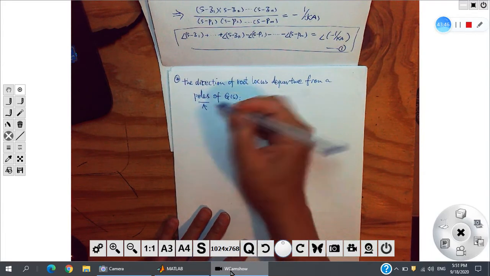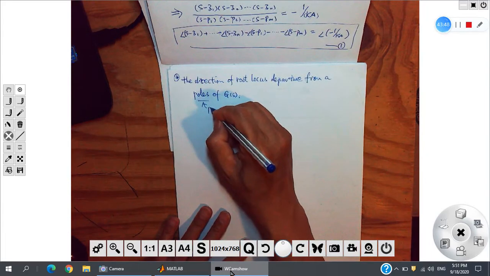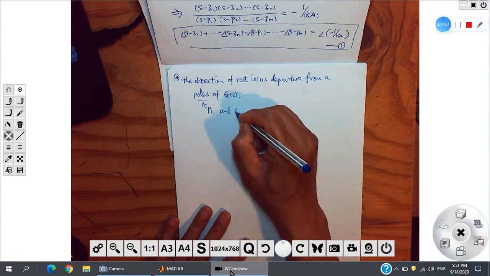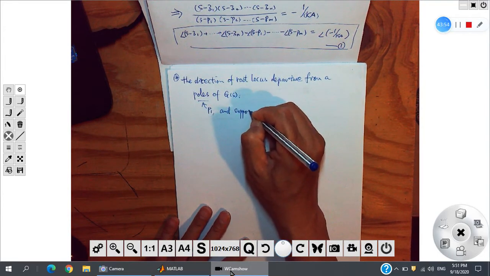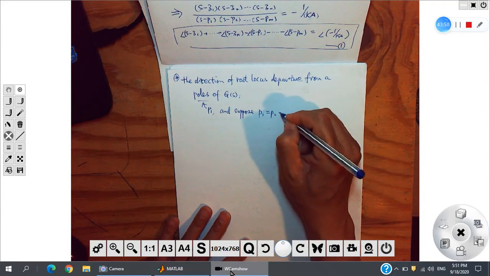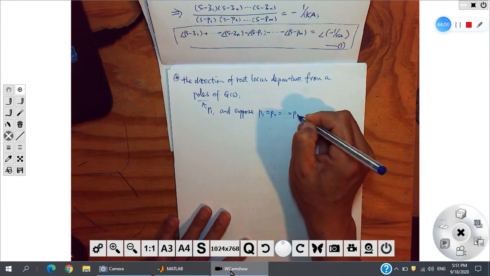Now suppose this is P1, and suppose P1 equals P2 equals PQ.